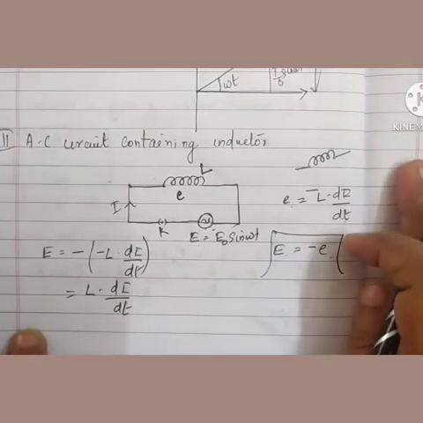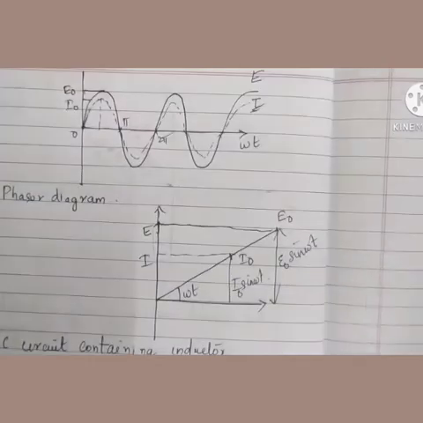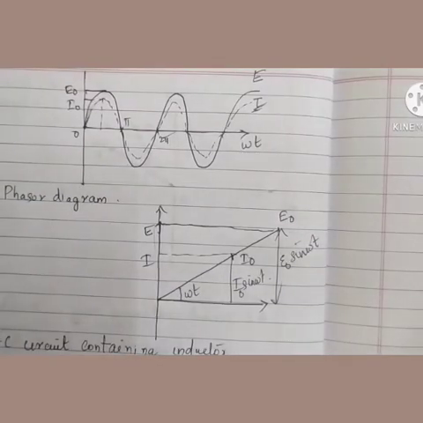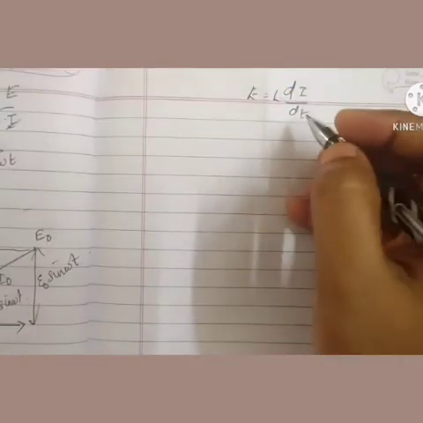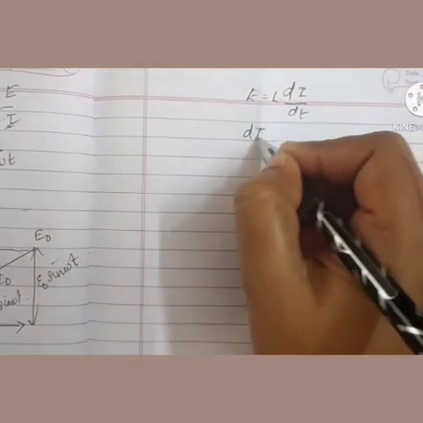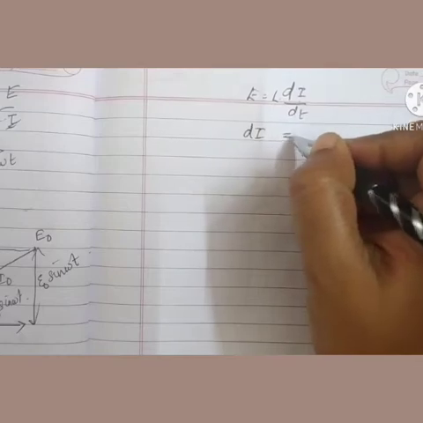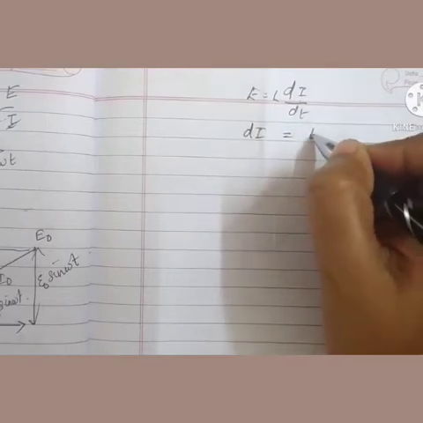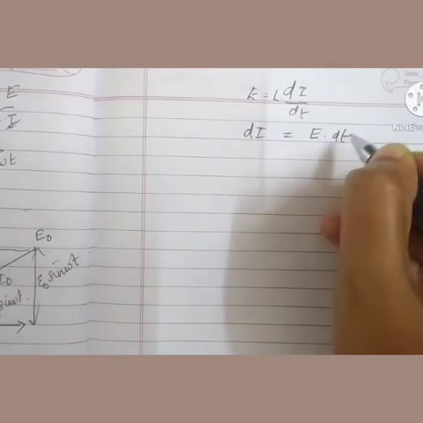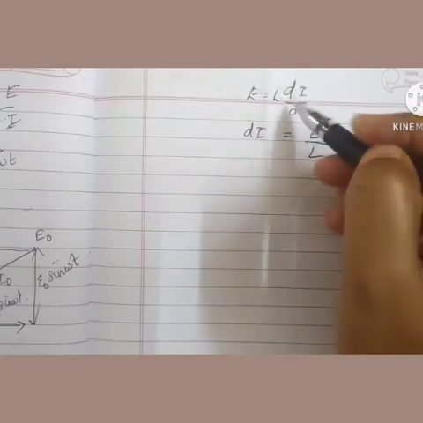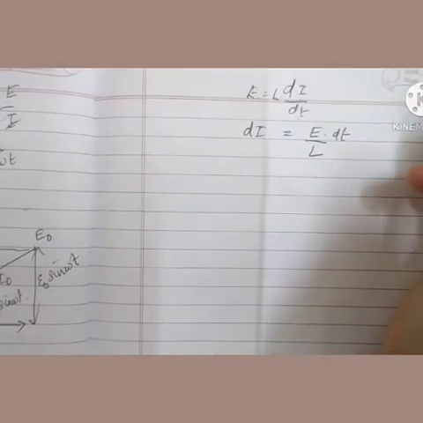So E is equal to L into di by dt, and then from this expression you can take di, because our next step is to find the expression for current, right? That is di is equal to E into dt by L. Clear?